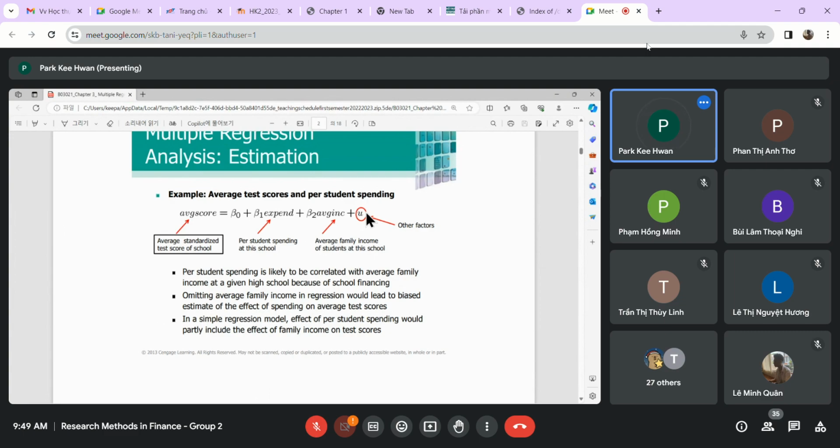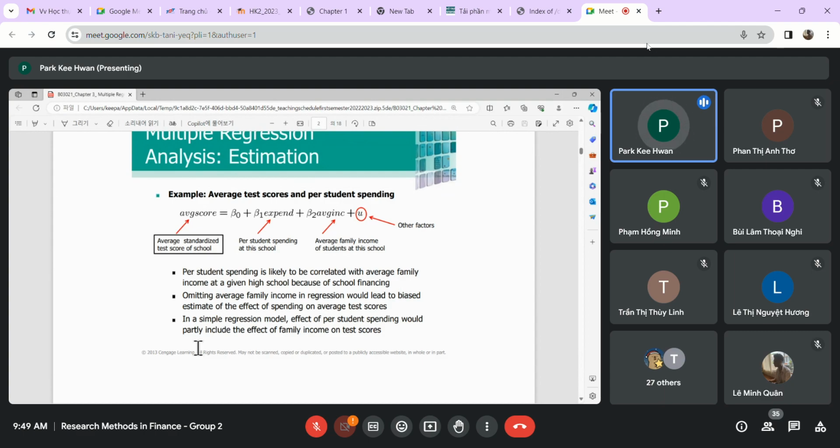So that means that your estimate of beta one in simple regression will be biased, because when the expenditure is higher, at the same time the average family income will be higher, and so the average test score will go up because not only does spending go up but also the average income is higher.